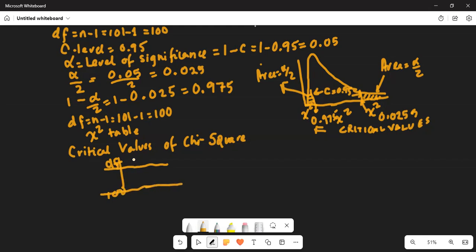And then we are looking for chi-square 0.975. Let me erase that and write it clearly. On the top row, you are looking for chi-square 0.975.